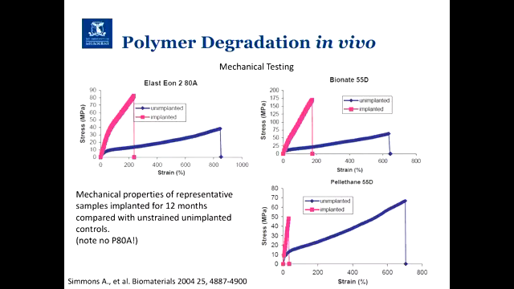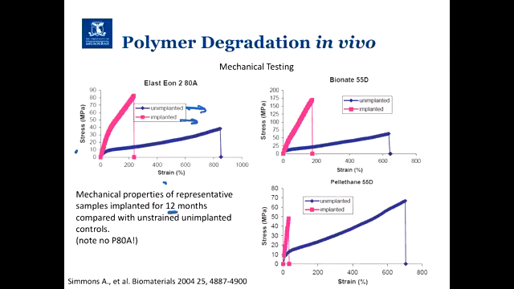What was also quite interesting was looking at the mechanical properties of these materials. So for all of them, the purple is the unimplanted, and then the pink is the implanted. So you guys had a look at stress strain curves before? So these are in there for 12 months.